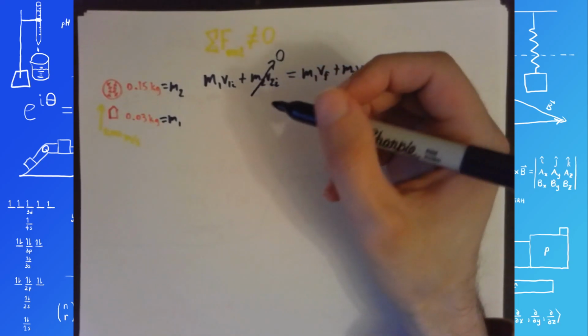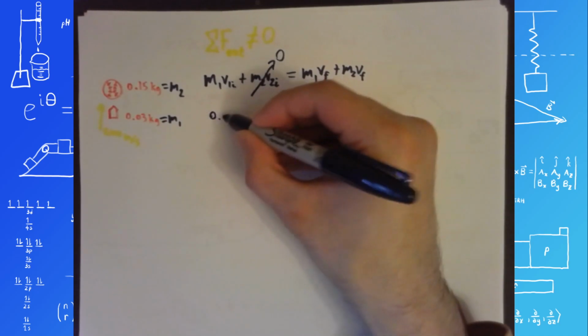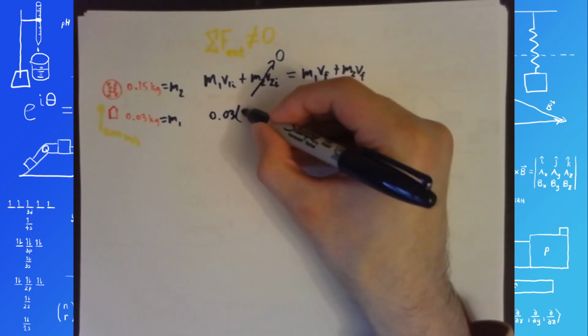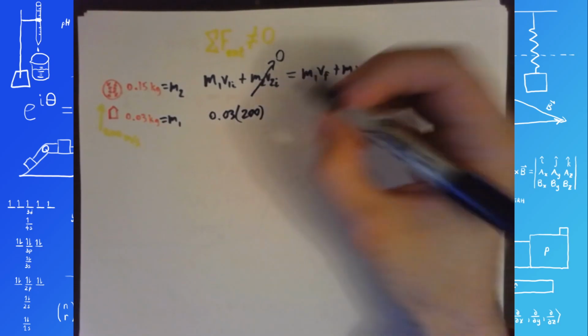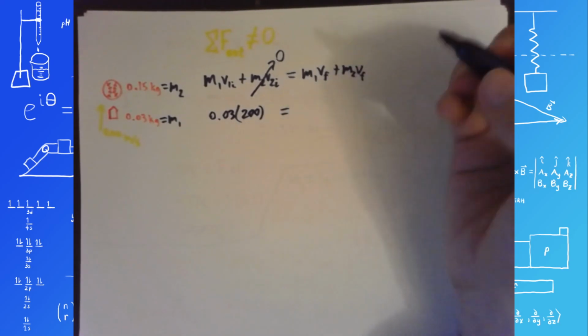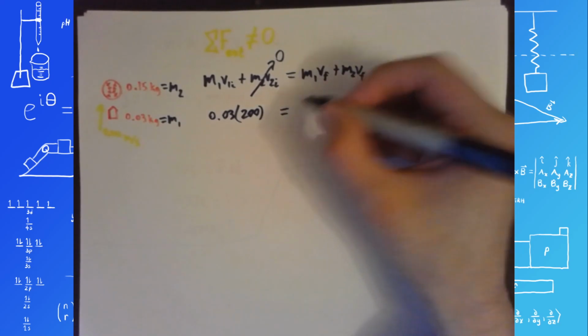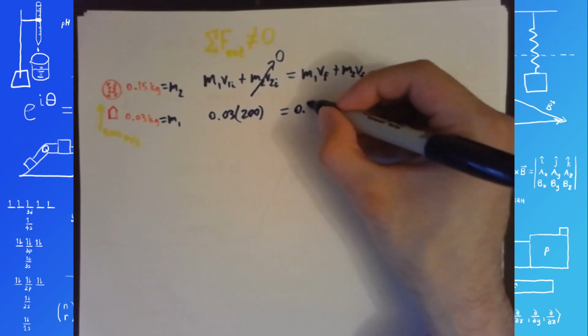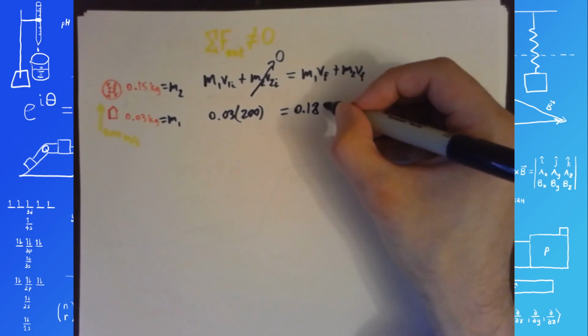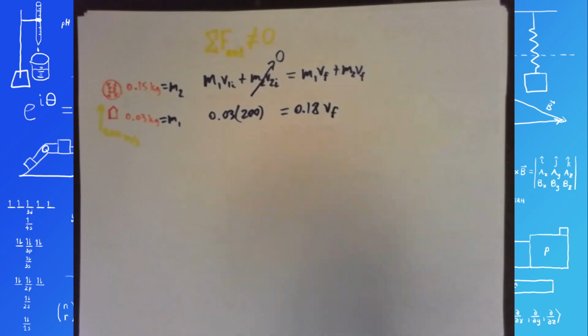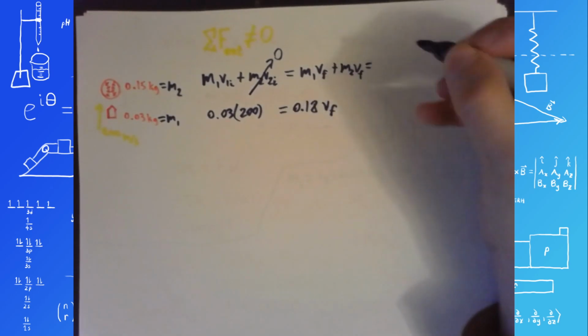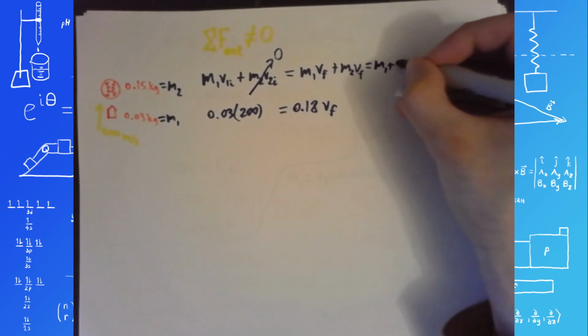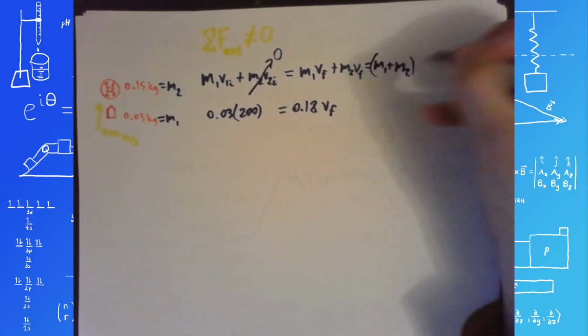And then M1 V1 initial is going to be 0.03 times the 200 meters per second at which it was launched, equals, I can factor out V final, M1 plus M2, 0.15 plus 0.03 is 0.18, all times V final.